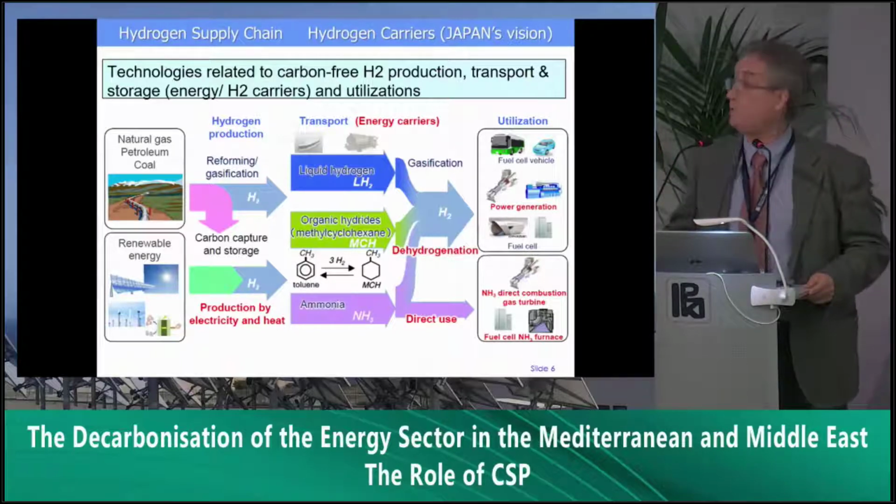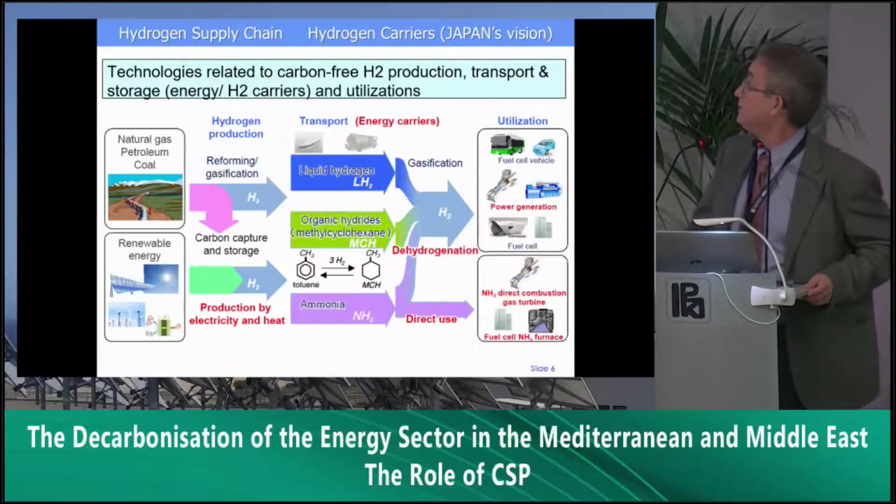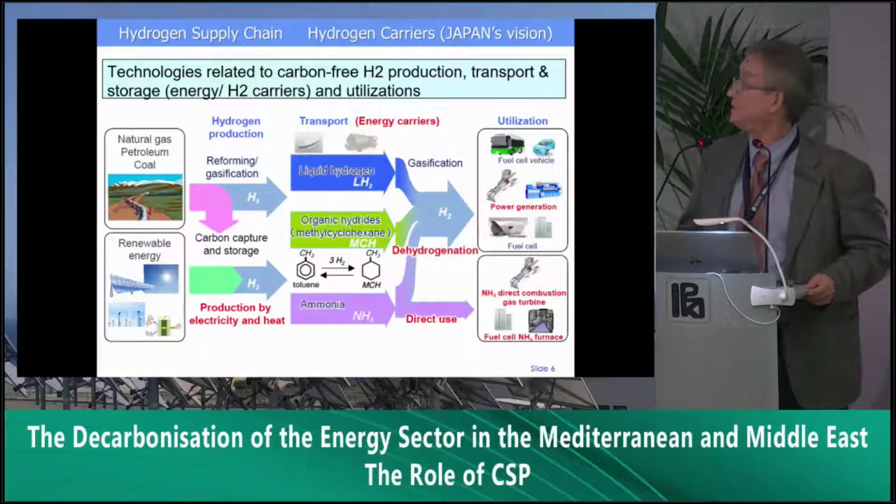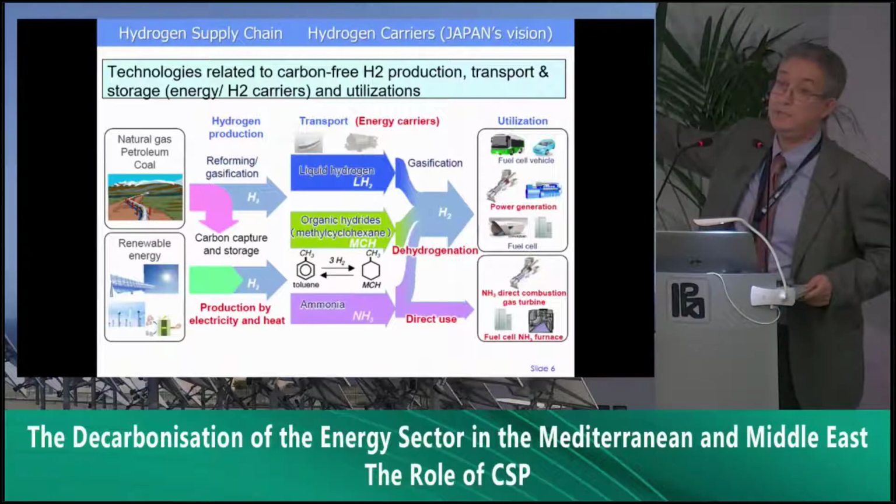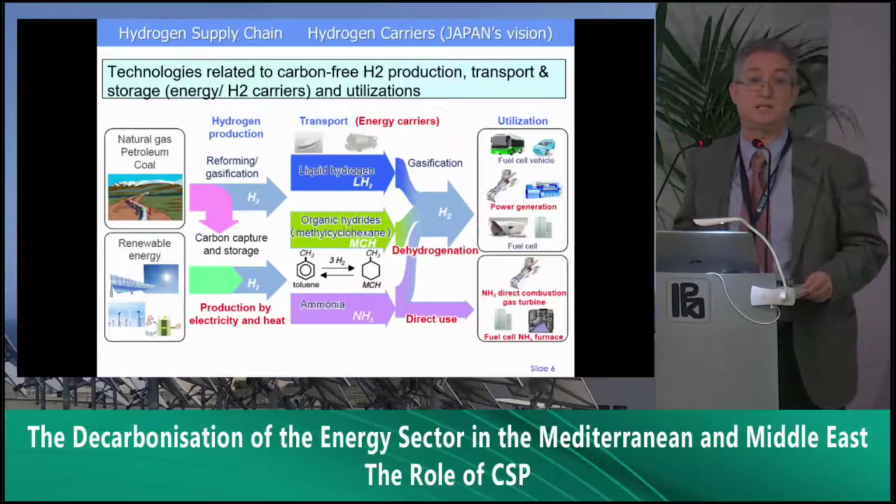People like the Japanese promote creating a number of carriers, and these are typical carriers proposed in these programs, like some hydrides. In this case, for example, in the middle of this slide, you see the proposal from Chiyoda Corporation.